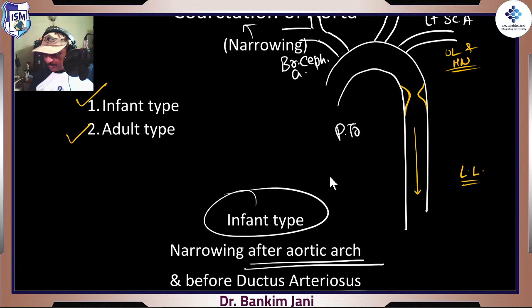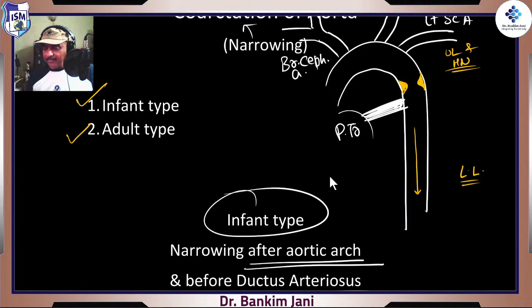Let me draw it like this. Okay, so pulmonary, and we draw the ductus arteriosus like this. Yes, right, ductus arteriosus like this, and our narrowing is after the aortic arch, and over here before the ductus arteriosus.